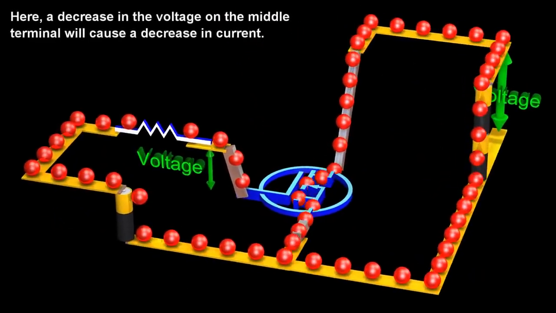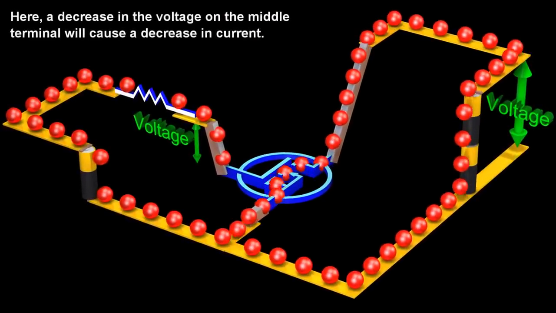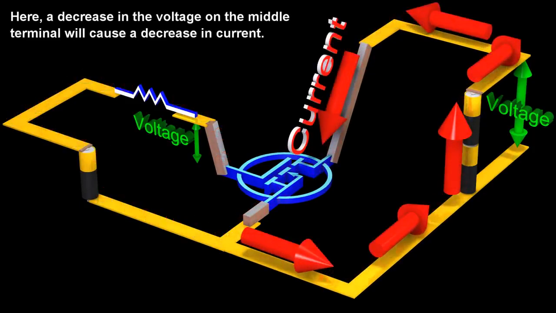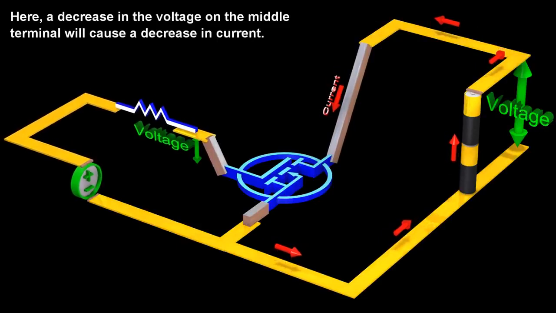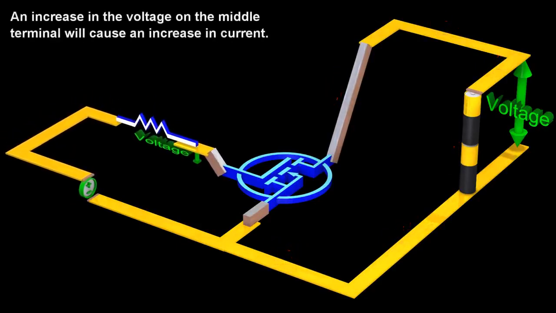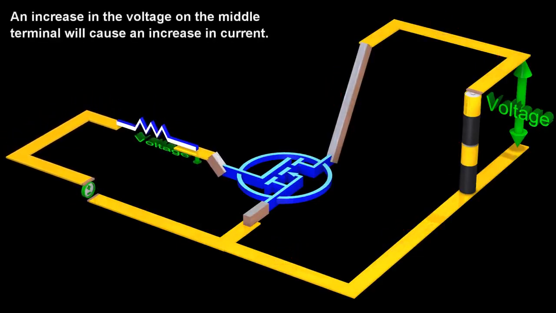Here, a decrease in the voltage on the middle terminal will cause a decrease in current. An increase in the voltage on the middle terminal will cause an increase in current.